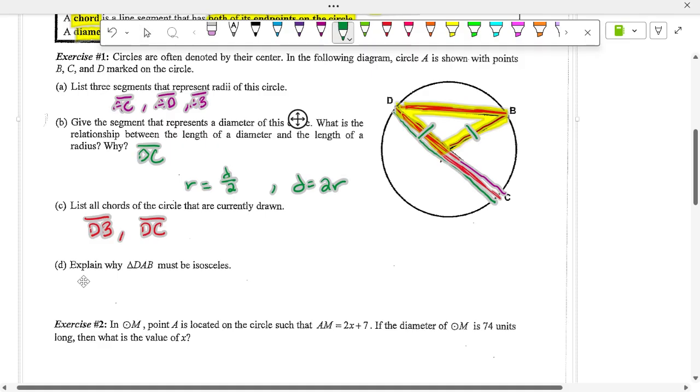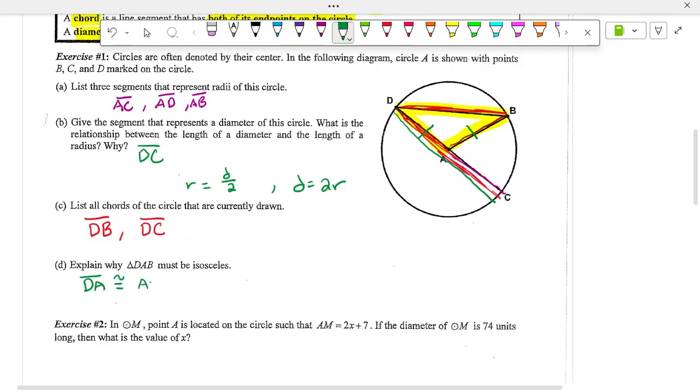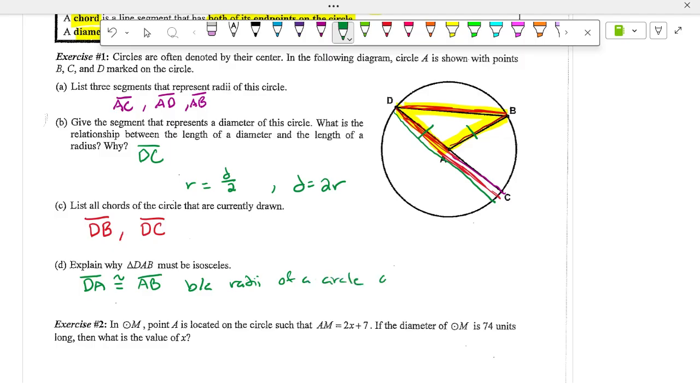Right, they're radii. So DA is congruent to AB, and it's because the radii of a circle are congruent.